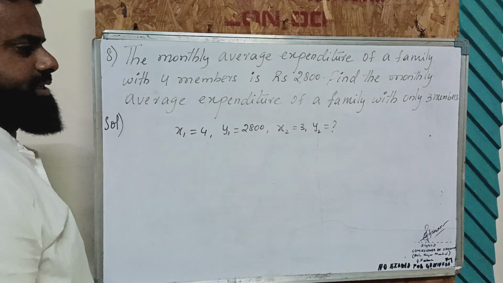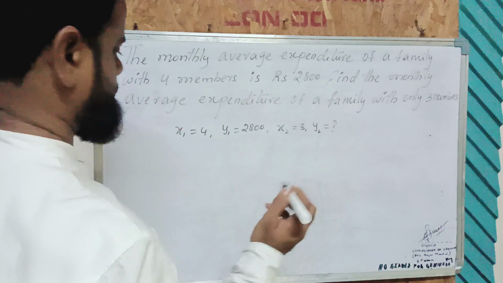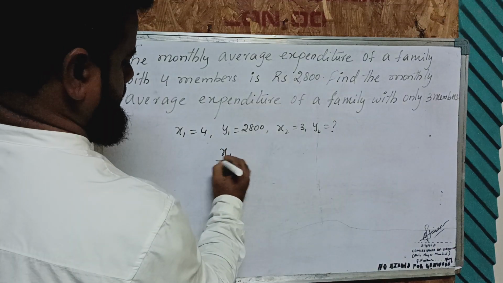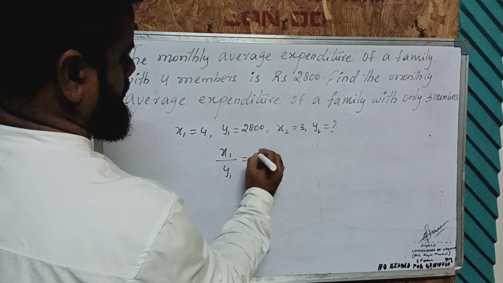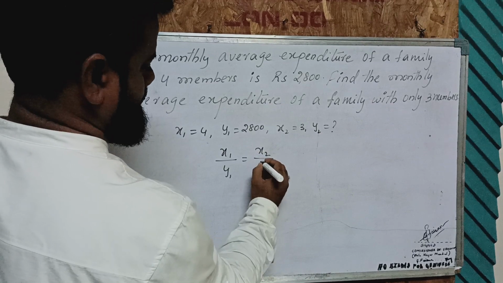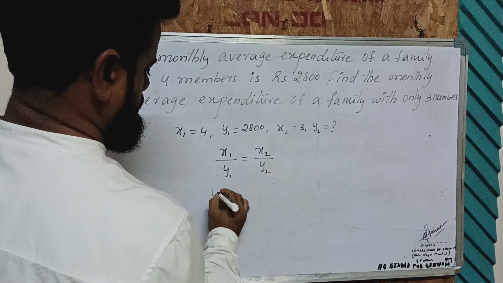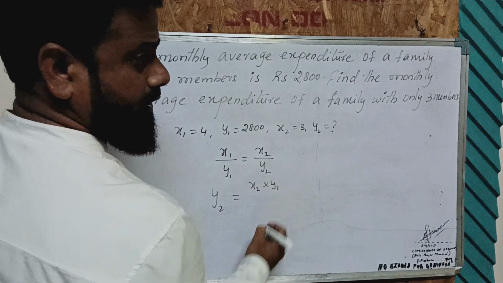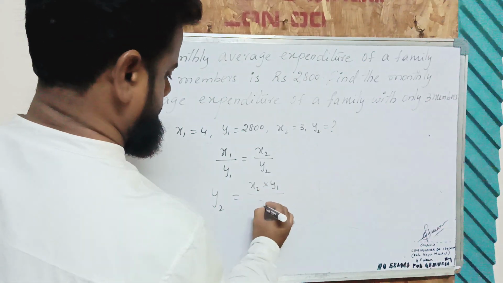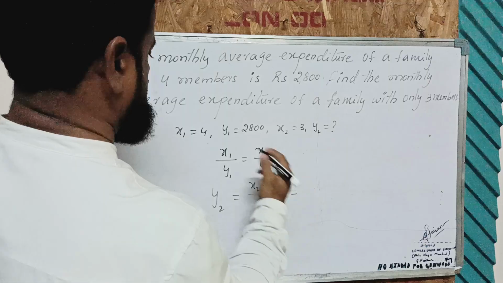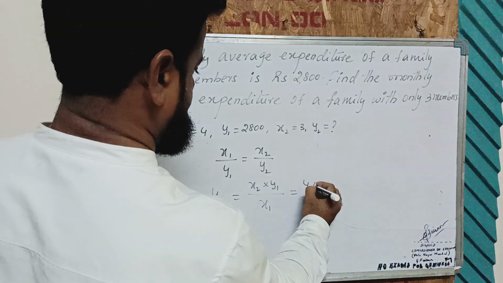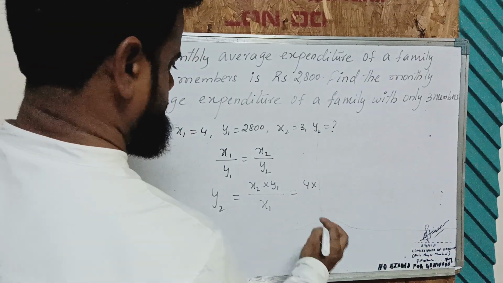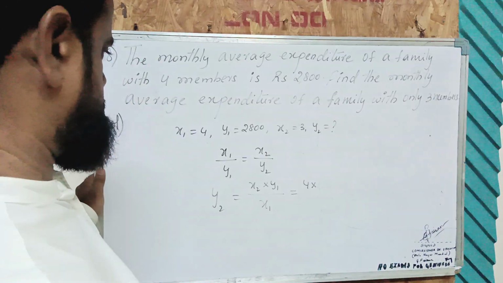Now this one is a case of direct proportion. So x1 by y1 equal to x2 by y2. So y2 will be equal to x2 into y1 by x1.